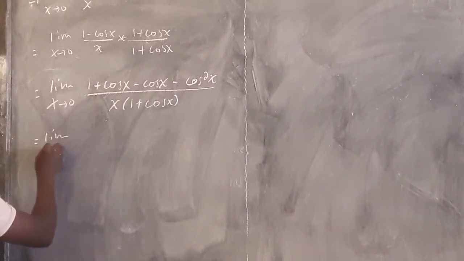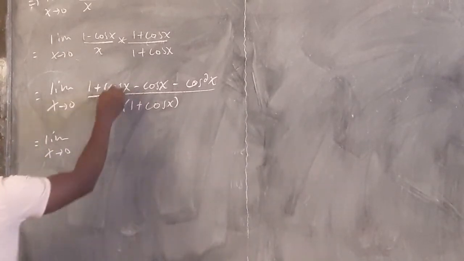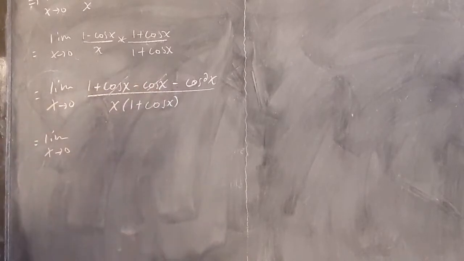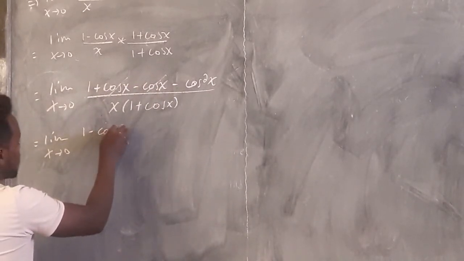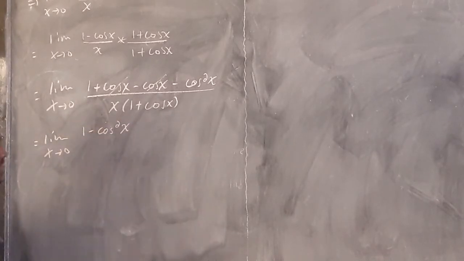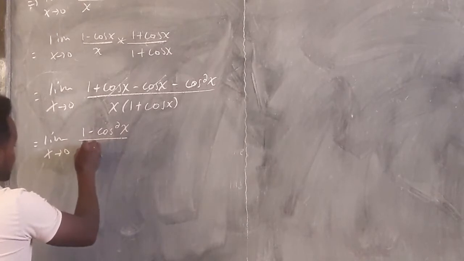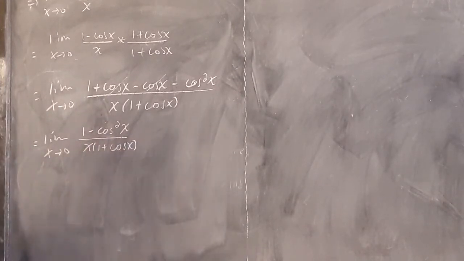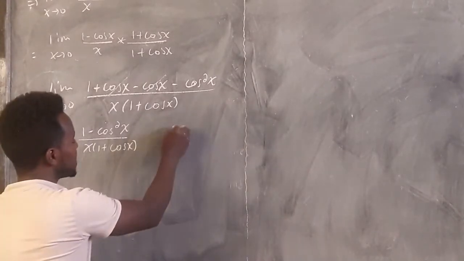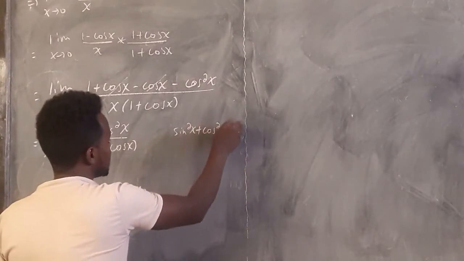So the limit as x approaches 0. Here we can cancel cos x by cos x, so that we get 1 minus cos square x over x times 1 plus cos x. Then remember that sin square x plus cos square x is 1.